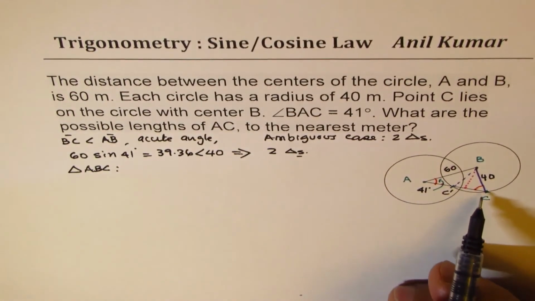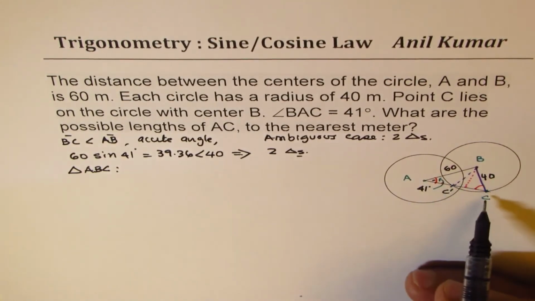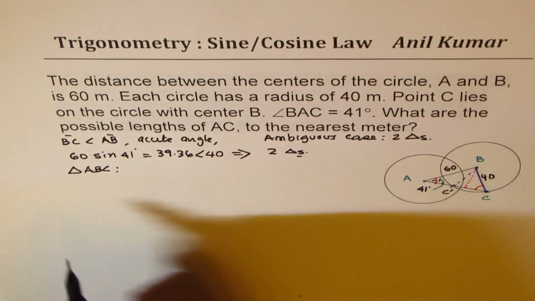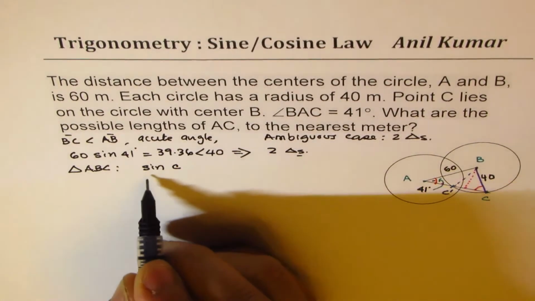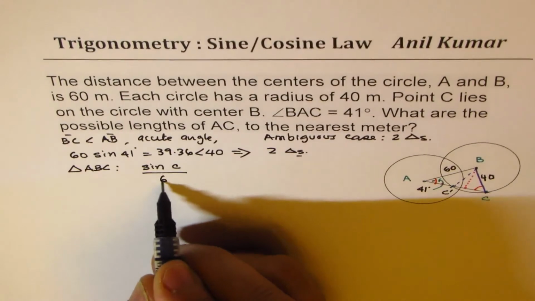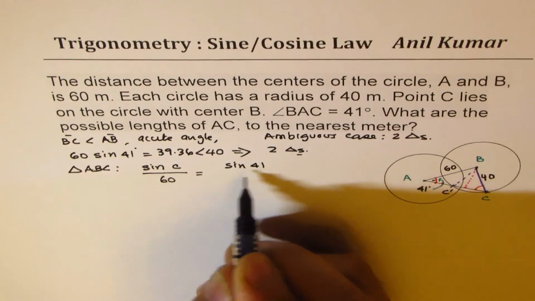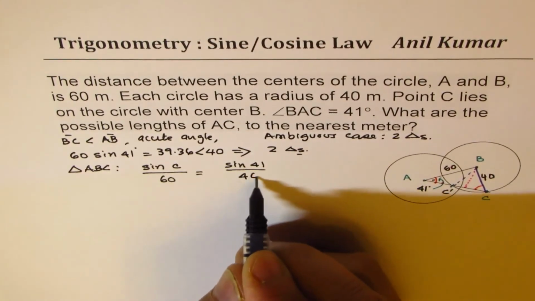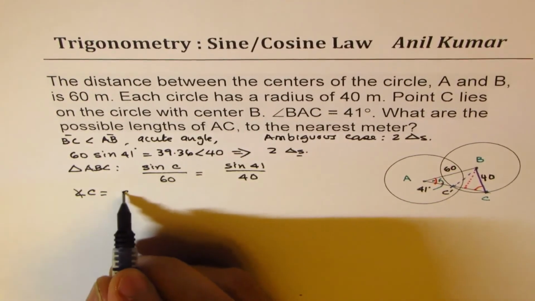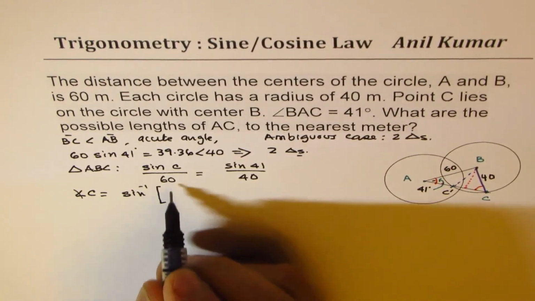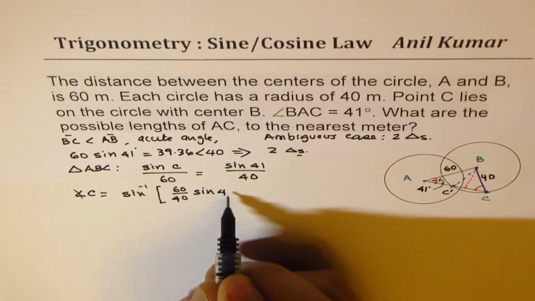In this triangle we can apply the sine law. We know the ratio of the sides. To find the angle, we say sine of angle C over the opposite side, 60, is equal to sine of 41 over 40. Correct? So angle C equals sine inverse of 60 over 40 times sine of 41 degrees.